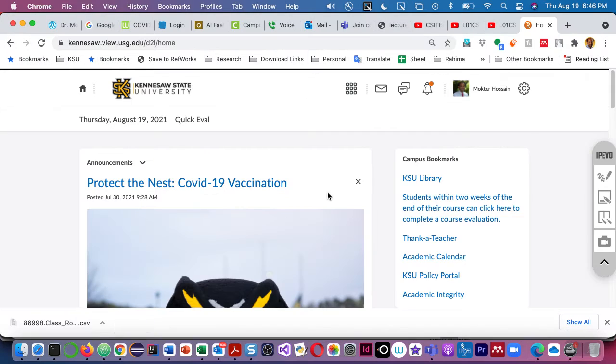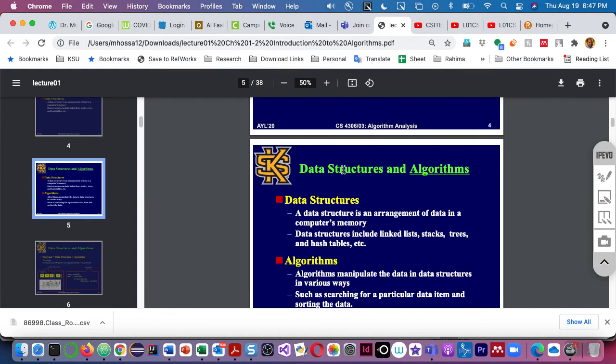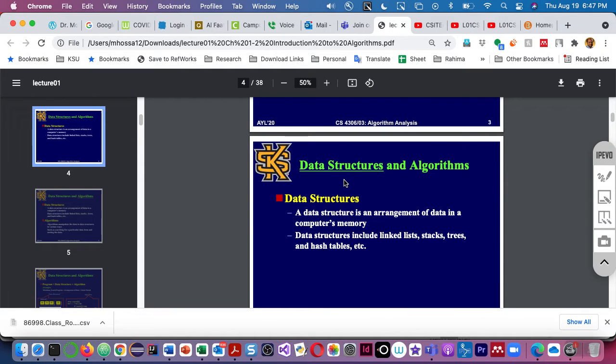We learned that two elements, data structures and algorithms, work jointly. In order to write an efficient program, you need to consider two things. One is data structure: your data needs to be organized in a good structure as needed. Then your algorithm needs to be efficient.